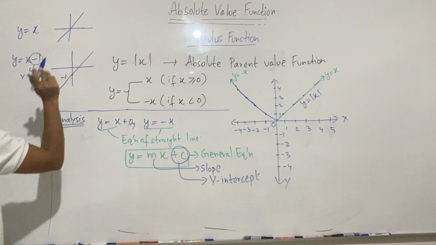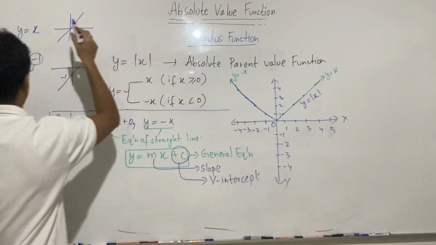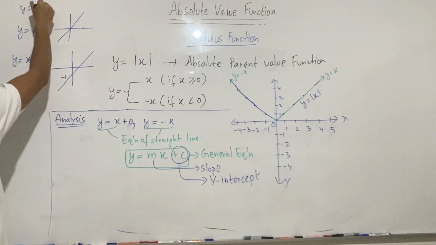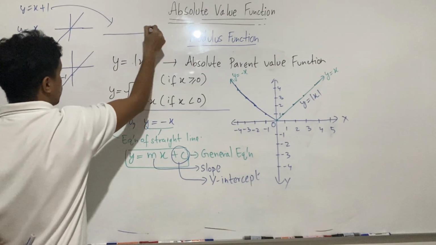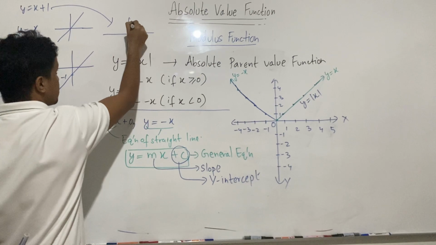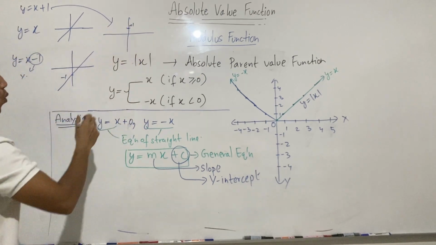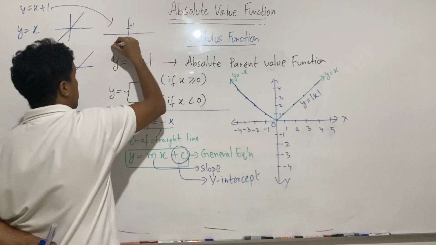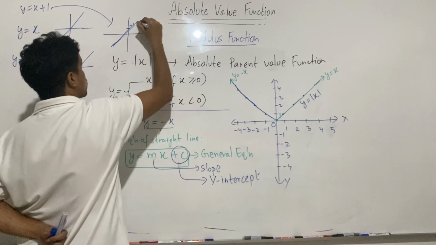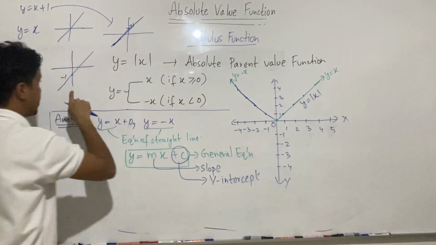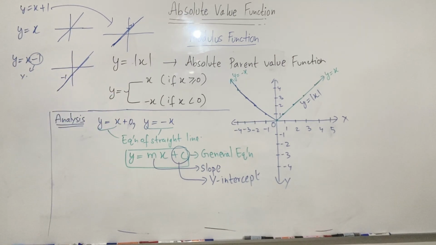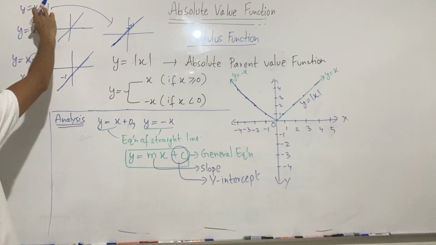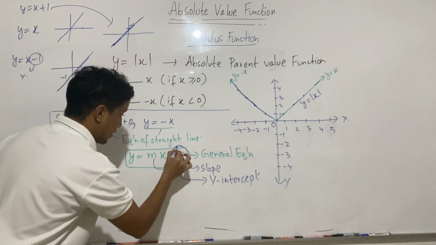If I have to draw a graph of y equals x plus 1, this would be positive 1, so this is going to be the y-intercept. It will pass through 1 here. It will pass through negative 1.